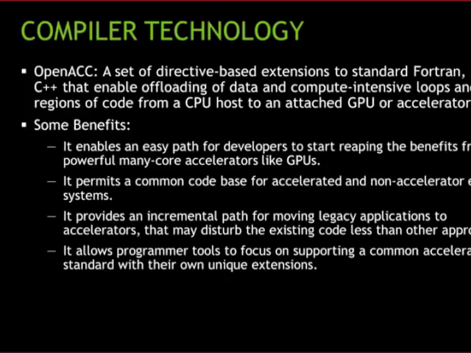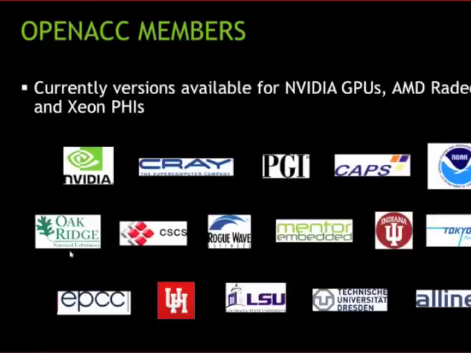OpenACC is evolving and becoming certainly open in different aspects. It is open in the sense that there are several compiler vendors that are busy implementing this technology, and more are coming. And also, it has different targets, so not only NVIDIA and GPUs.